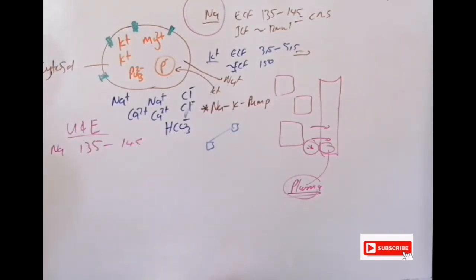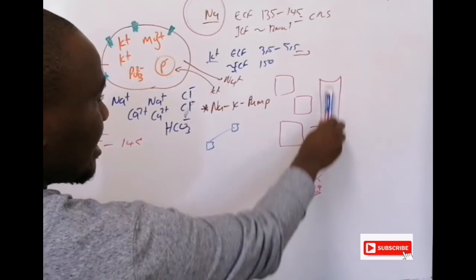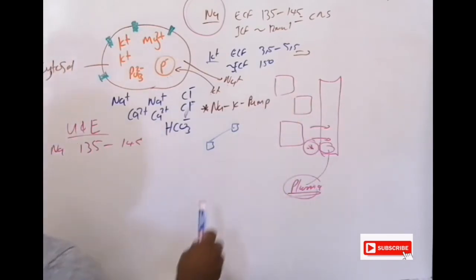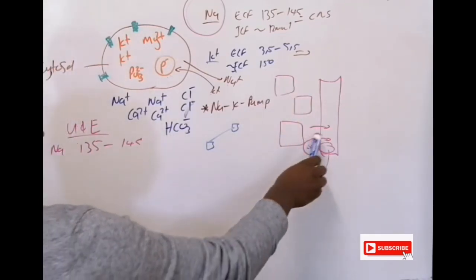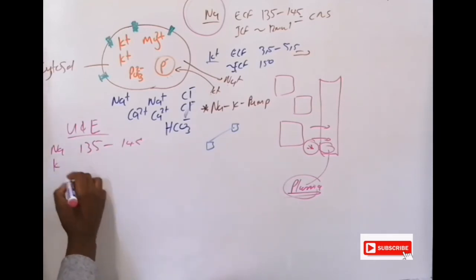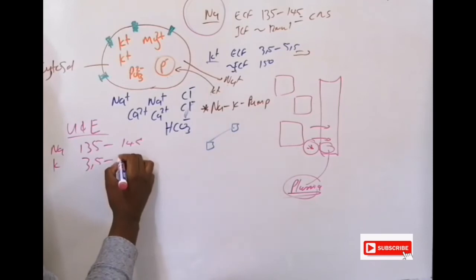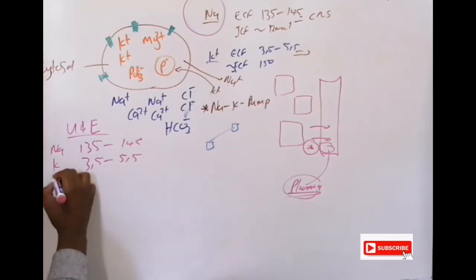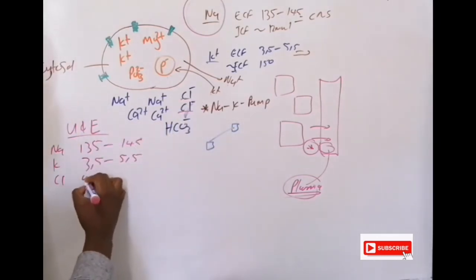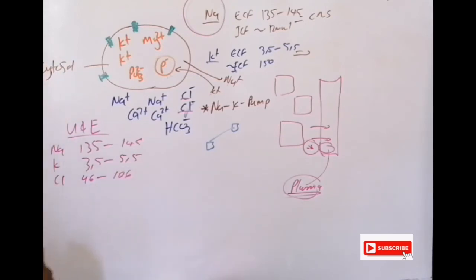Even though the sample that I'm taking is in the intravascular, the reading that I get tells me what is happening in the interstitial space as well, because of that exchange that occurs, the shifting of fluids between those compartments. So it's going to tell me about the sodium, and then the potassium, I want it to be 3.5 to 5.5, right? And my chloride ions, I want them to be between 96 to 106, some say 102. Obviously these will vary from lab to lab, but they are more or less the same.